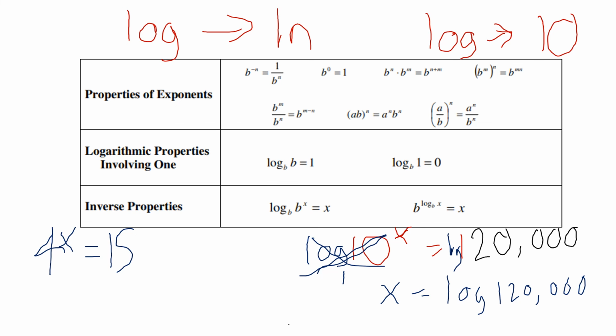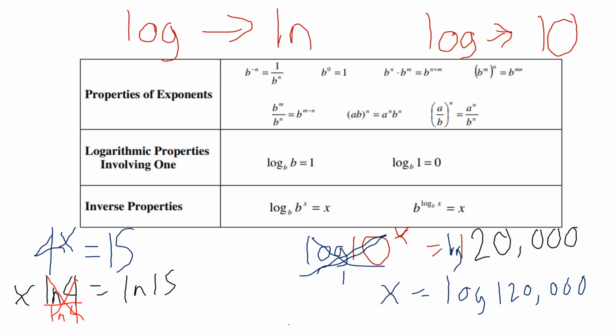Remember, when you're solving for stuff, you try to get it together and out of the way. So here, you bring down your x, x ln of 4 equals ln of 15. Well, from there, divide both sides by ln of 4.